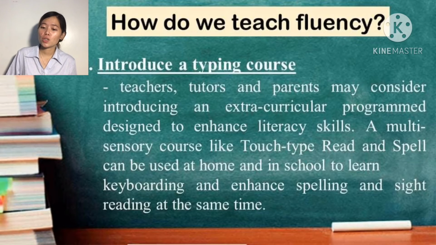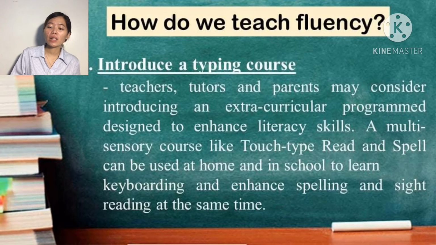If a student continues to struggle with fluency, teachers, tutors, and parents may consider introducing an extracurricular program designed to enhance literacy skills. A multisensory course like Touch-type Read and Spell can be used at home or in school to learn keyboarding and enhance spelling and sight reading at the same time.